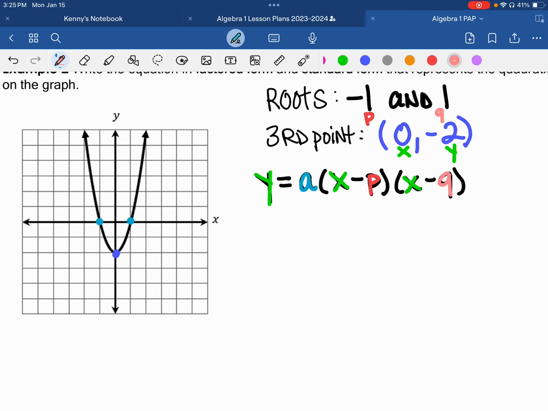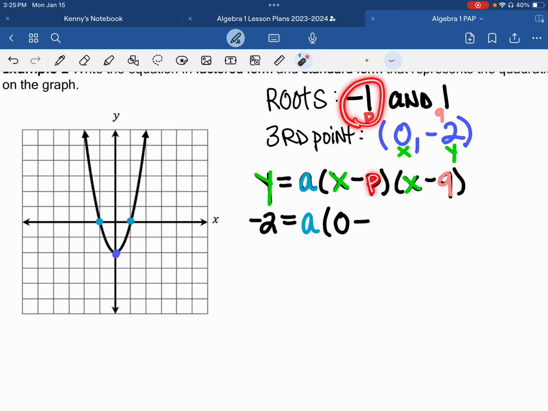So let's start plugging in. I'm going to plug in a -2 for y because it's right there. I had to be careful that I use the right one. I'm going to be solving for a. I'm going to put in a 0 for x. p is going to be -1, so I'm going to plug in a -1, and then I'm going to come back and clean that up.